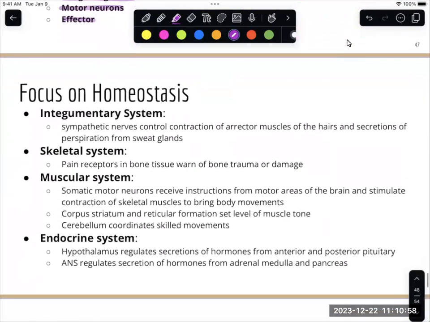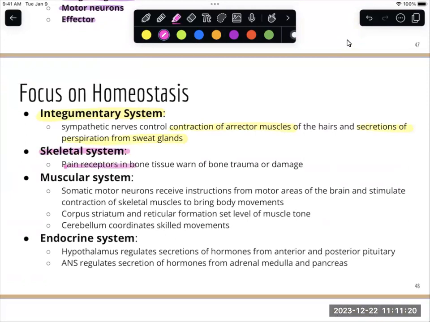So let's look at how our autonomic nervous system maintains our homeostasis. So, in that integumentary system, contraction of that erector pili muscle, sweat glands. Skeletal.